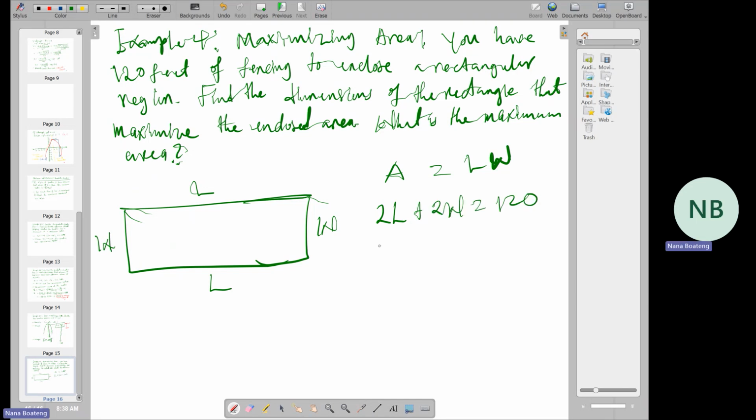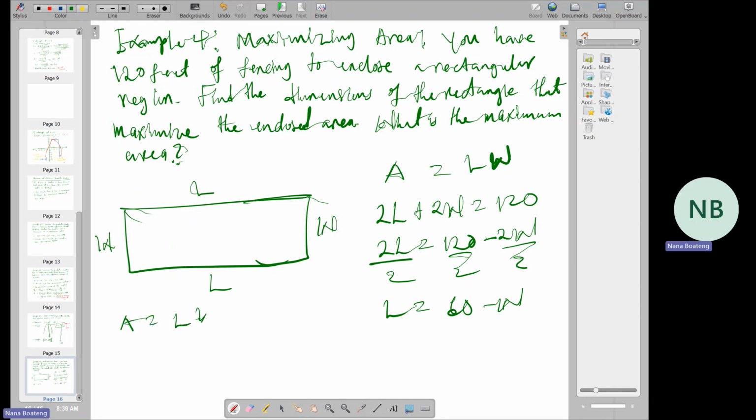So from here, we can solve for L. So 2L is 120 minus 2W. So we divide by 2, and we find that L is equal to 60 minus W. So the area is length times the width.